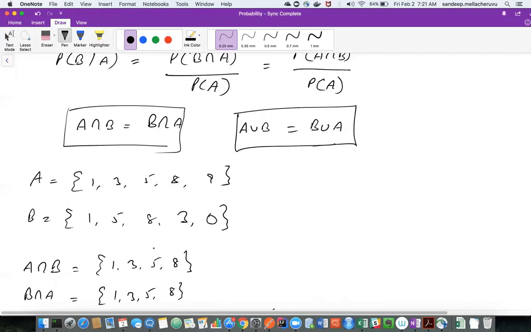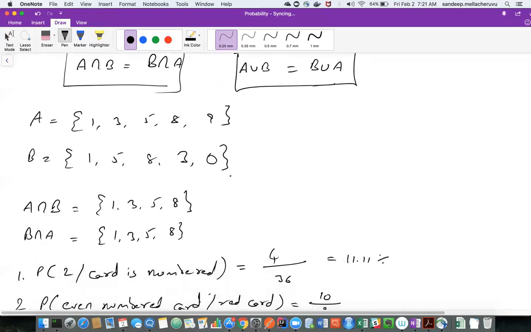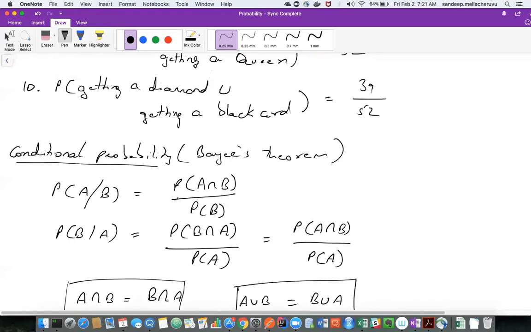There is one last concept I want to mention: mutually exclusive. Now what is mutually exclusive? By the way, I have not used the formula, right? Let me teach that.